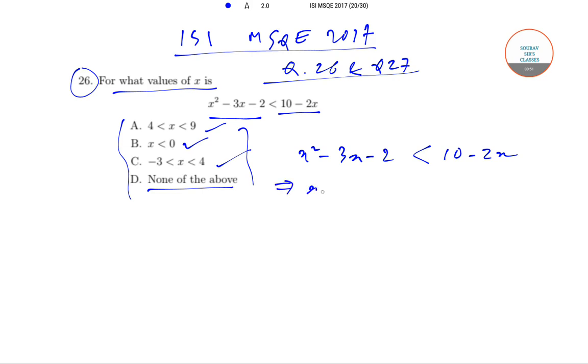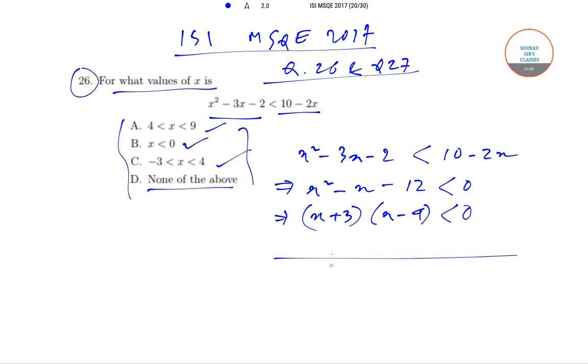So this will give us x square minus x minus 12 is less than 0. This will give us (x plus 3) into (x minus 4) is less than 0. Now if we put it on a number line, this will be our structure: minus 3, 4.